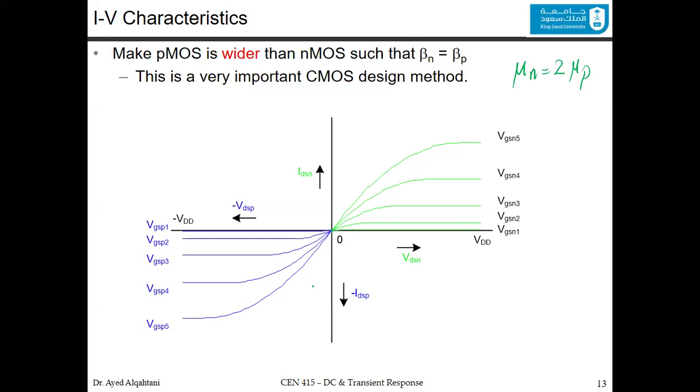So what happens now is we will try to put them in the same quarter by applying the absolute value for the VDSP and the IDSP. So if we have the absolute value here and here, what will happen to this part here is that we will flip it over here in the second quarter if we make the current positive. So if we take the absolute value, this is what happens. It will be flipped the other way around in the second quarter.